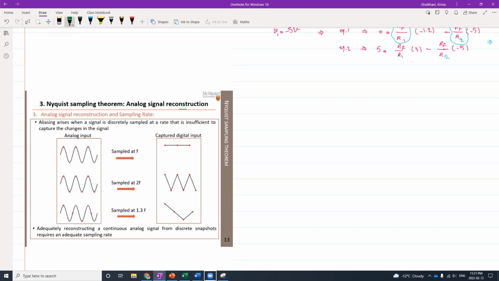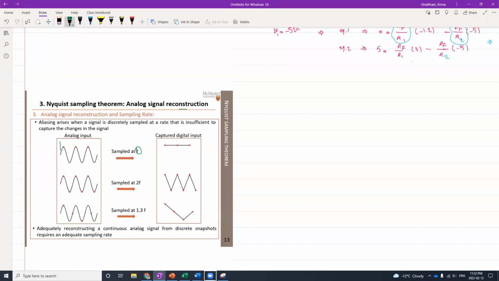So it is shown in here as sampling. The first one is the analog input. It's going to be sampled at some frequency. And then whatever we have in here is the captured digital input. So look at this picture.